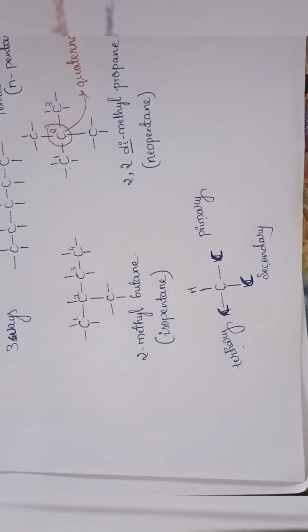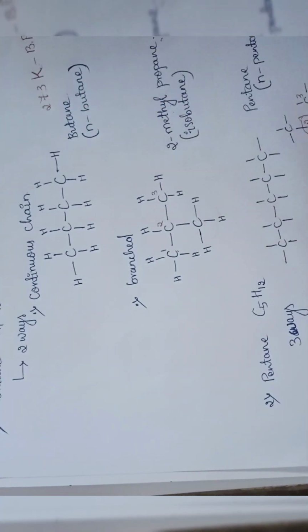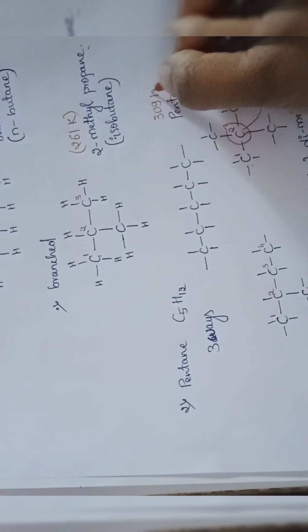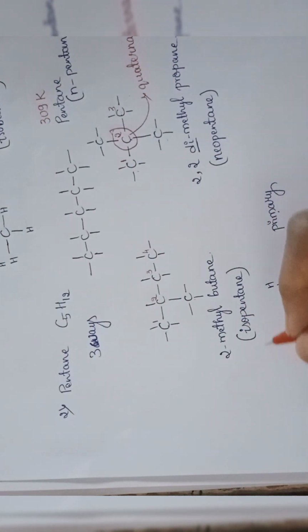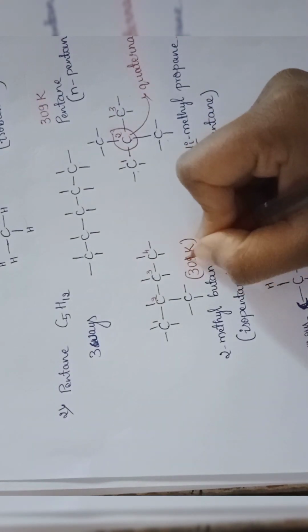The boiling point of this n-butane is 273 Kelvin, and for the branched one it is 261 Kelvin. For pentane it is 309 Kelvin, and for isopentane it is 301 Kelvin.